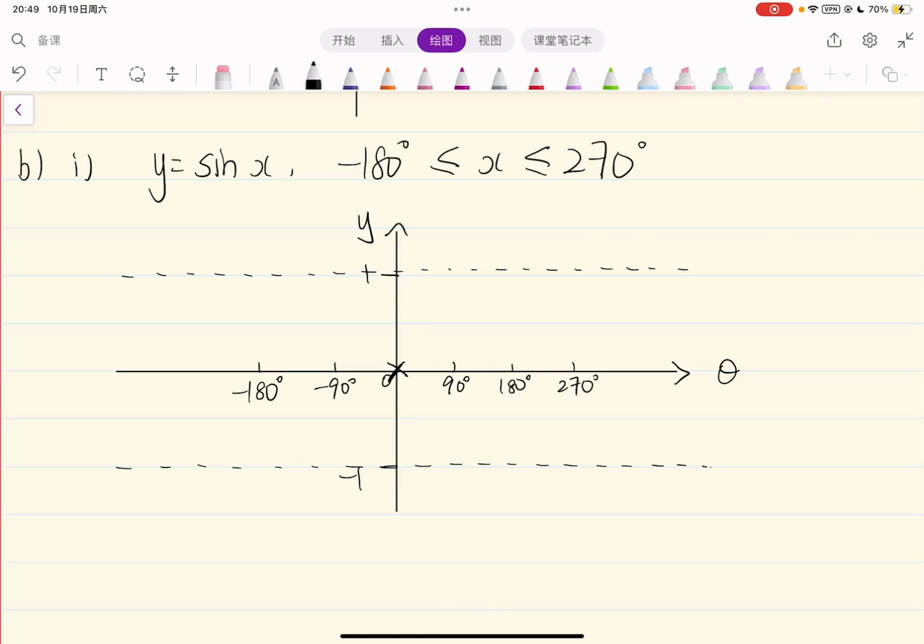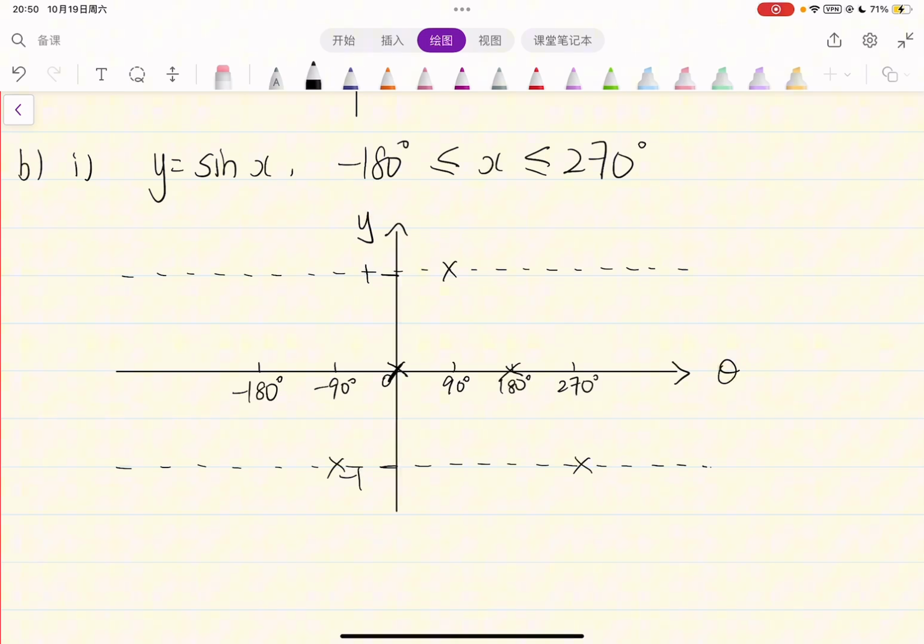So for the curve, it should go up as theta goes along the positive direction to 90 degrees. So when theta equals 90 degrees, y equals 1, theta equals 180 degrees, y equals 0, and for theta equals 270 degrees, that should be negative 1. For theta equals negative 90 degrees, it equals minus 1.